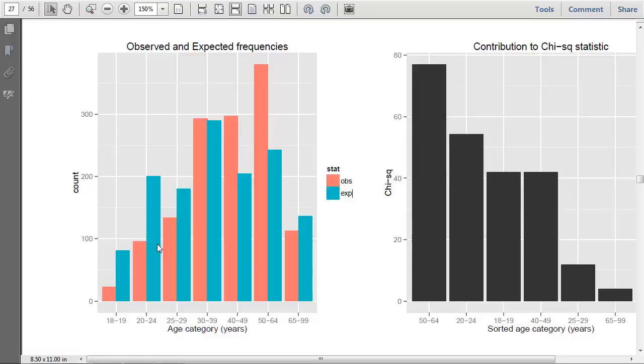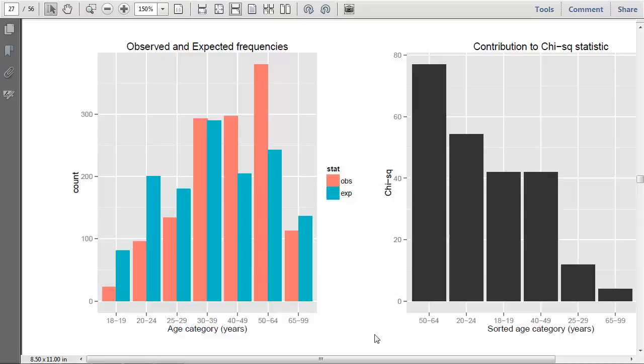So it seems that the young people are underrepresented in jury pools. When you get to 30, we have about equality here. Then the people in their 40s and 50s are overrepresented in the juries. The red observed is bigger than the expected blue. And then in the oldest category, they're about equal again. So those are the data and what we expected.